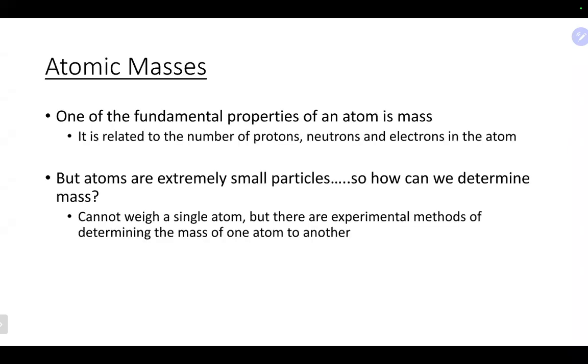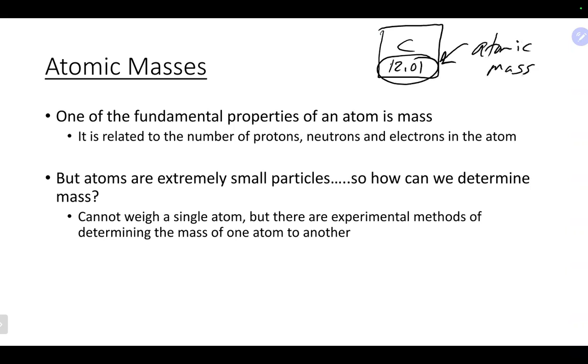All right, so let's now actually talk about the number that we find on the bottom of the boxes on the periodic table. So once again, if we look in the box there, this number right here, which is not the mass number, is what is known as the atomic mass.